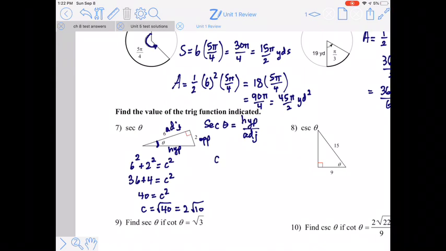So the secant will be the hypotenuse divided by the adjacent. So simplify that and get the square root of 10 over 3.